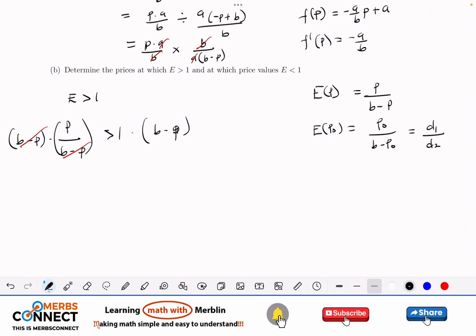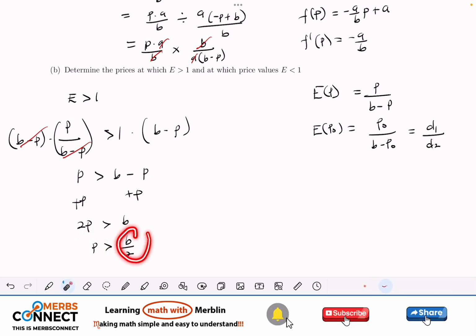So I'm going to have P is greater than, when I multiply this one by 1, I'm having B minus P plus P. I'm going to have 2P is greater than B, and P should be greater than B over 2. Right. So the price should be greater than this, so that I'll have elastic, right?